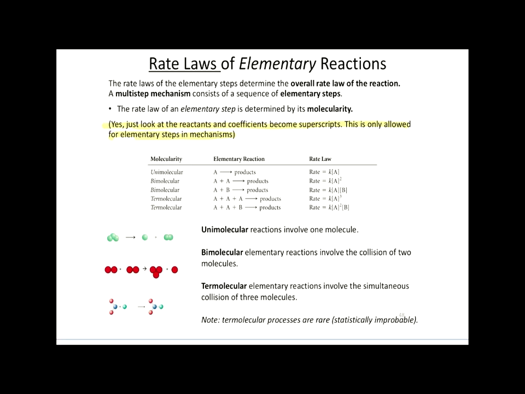It's very statistically unlikely that 3 things collide with one another in the same space at the same time. That's very unlikely. Most commonly, you're going to see uni- and bimolecular elementary steps.